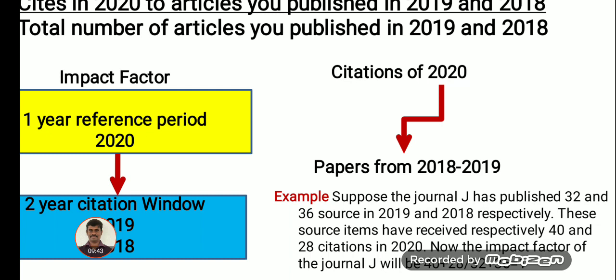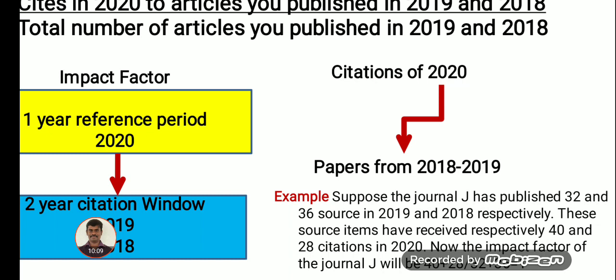It has to be added up, then citations of 2018 and 2019 is 40 plus 28, divided by the total number of articles published, 32 plus 36. So totally it comes to 68 divided by 68. So the calculated impact factor is 1.